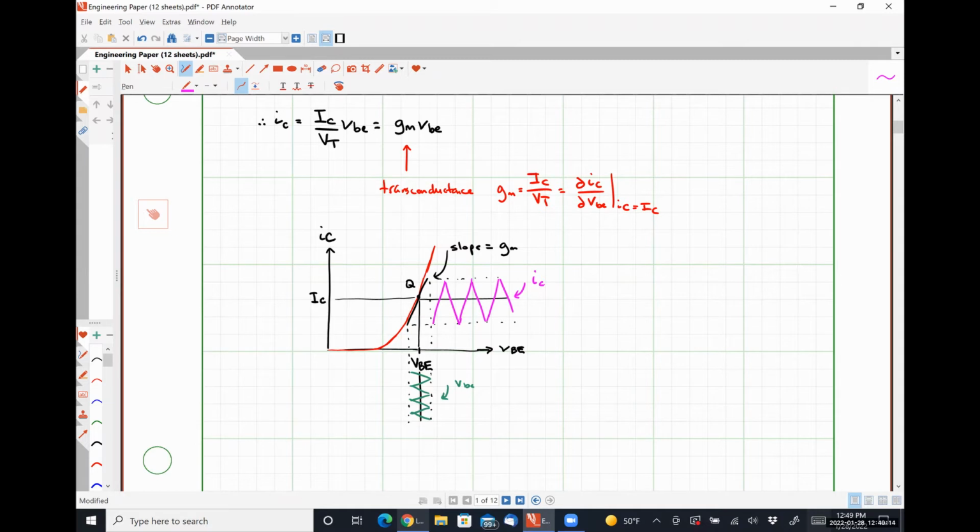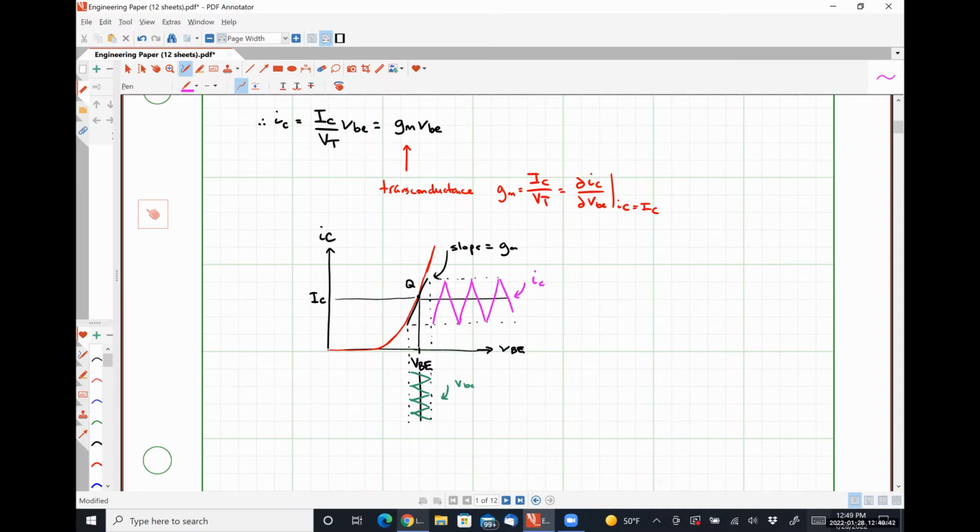So if we're relating things to a model, and that's exactly what we're going to do in a moment, we have shown that our BJT should have a voltage controlled current source between the collector and the emitter terminals, just like we had in our large signal model, except that the value is slightly different.